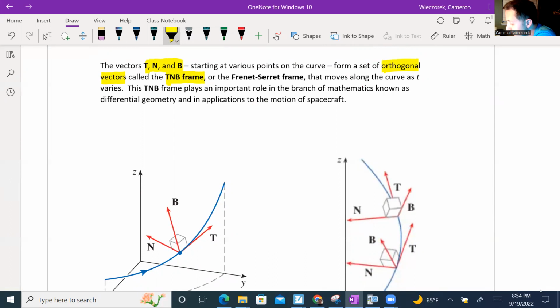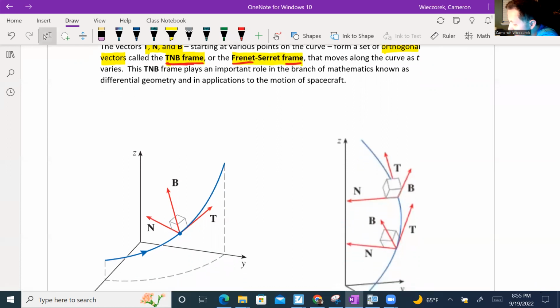Sometimes you might hear it called, I believe it's pronounced, the Frenet frame, based on two mathematicians that spent some time researching this. When I refer to it, I'm going to call it the TNB frame. But again, oftentimes you might hear it called the Frenet frame. It's a framework that basically shows you how the vectors move along the curve as t varies. So this shows up a lot in different branches of math.